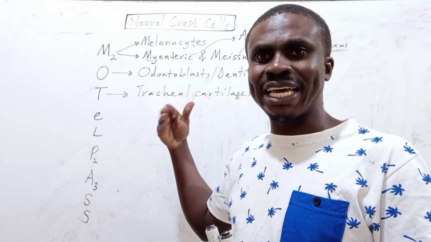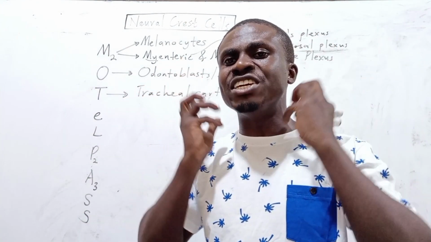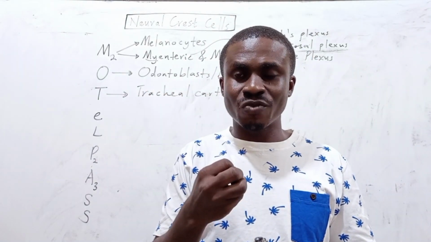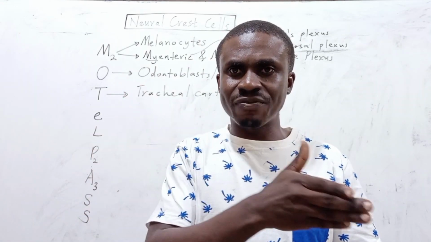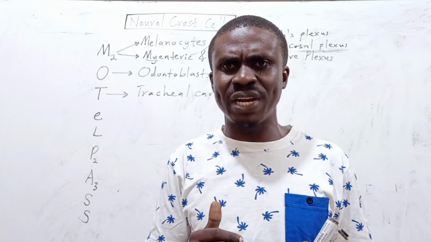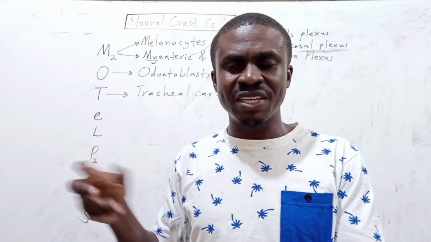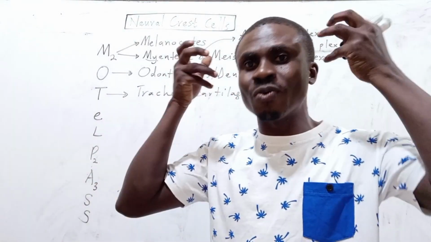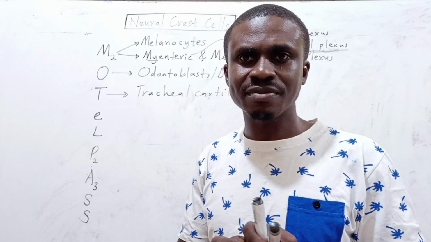Now these tracheal cartilages, these rings, and for that matter most of the cartilages in the head and neck region, will be derived from the pharyngeal apparatus, pharyngeal arch. My friends, I've done the video. I'll do that one again on the whiteboard, but if you can go and get that video link and watch it, pharyngeal or branchial apparatus, you will see that the cartilages in the head and neck region come from neural crest cells.